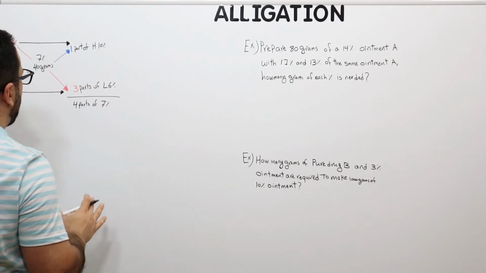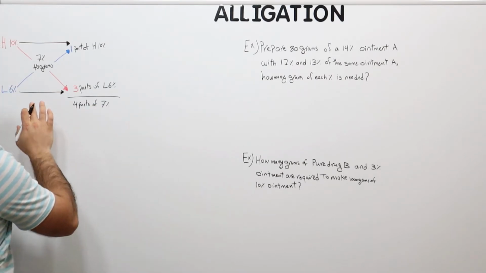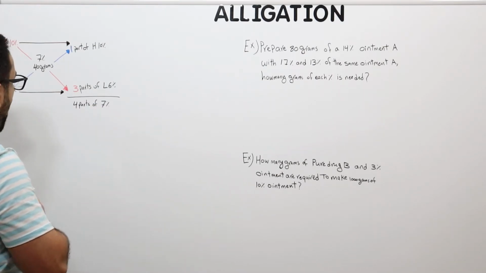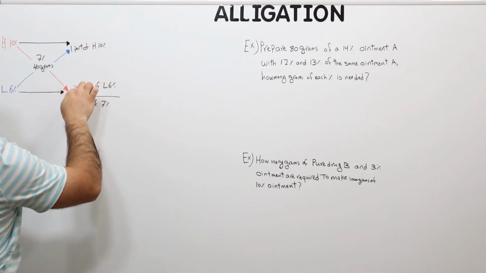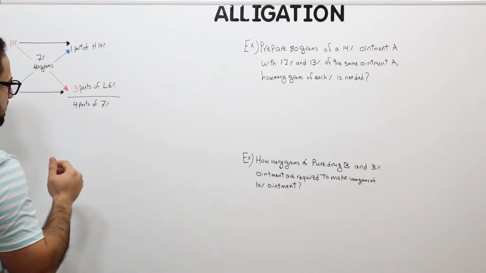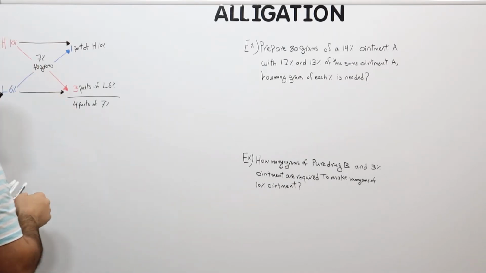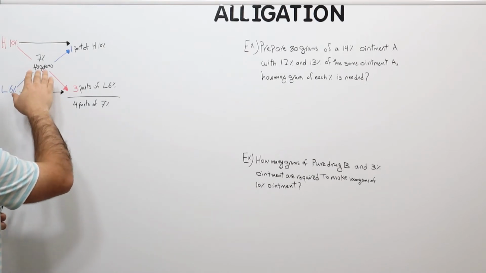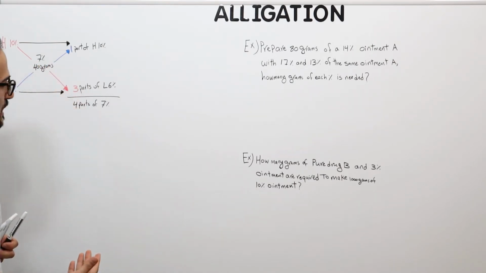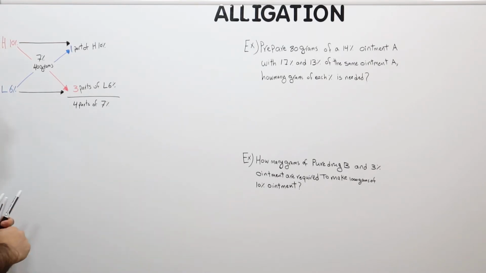Now I know I need 4 parts total from both of them to prepare the 7%. How many grams from each one is needed? We know we need 4 parts from both of them, and I am looking for 40 grams. I made the numbers 40 and 4 just to make the math easier, of course for the purpose of this video.